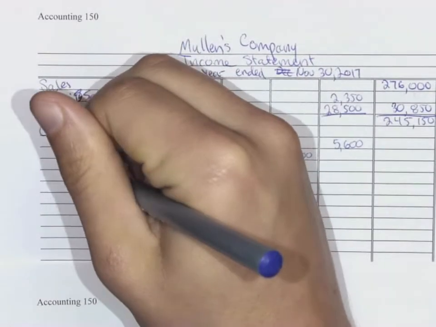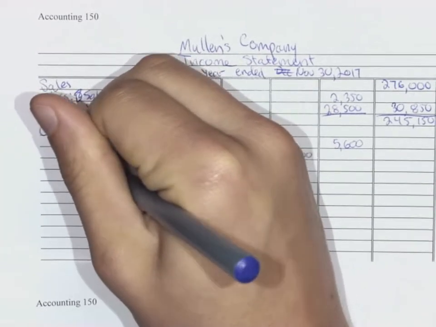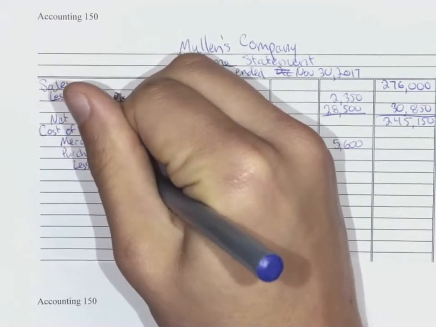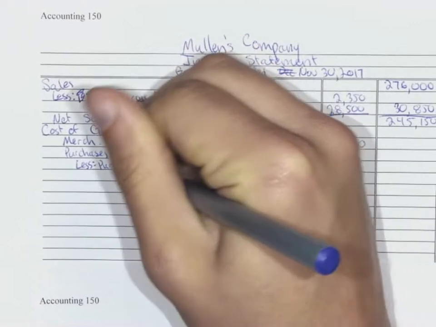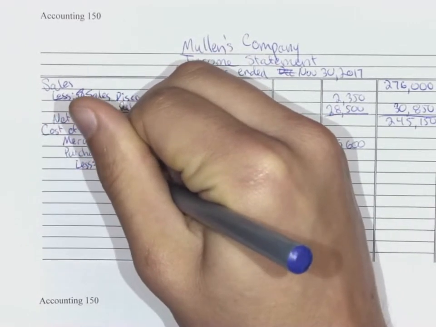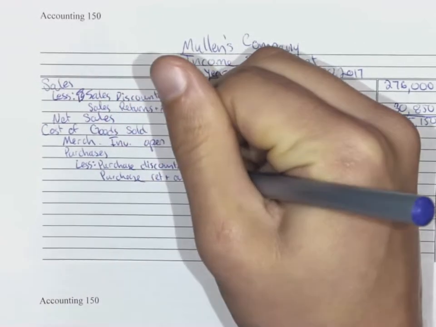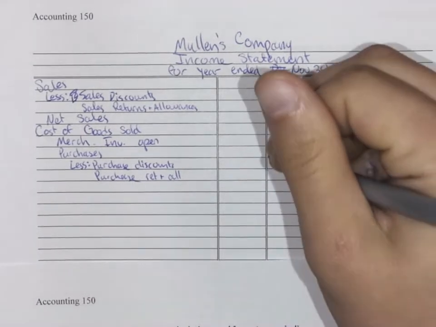And then we need to determine our net purchases by lessing our purchase discounts and our purchase returns and allowances.